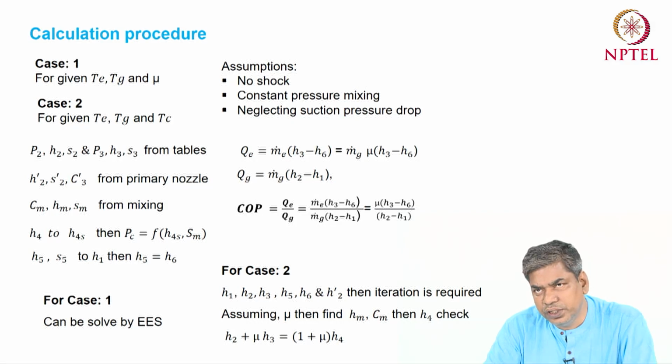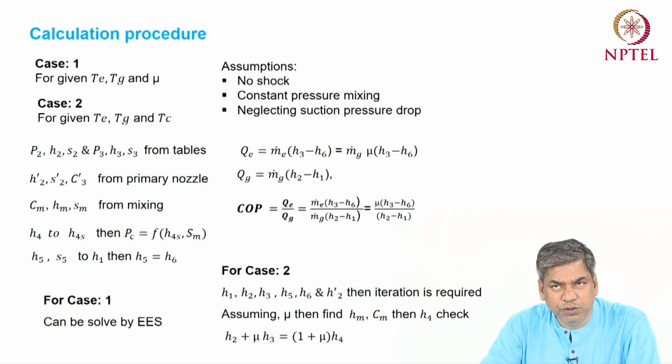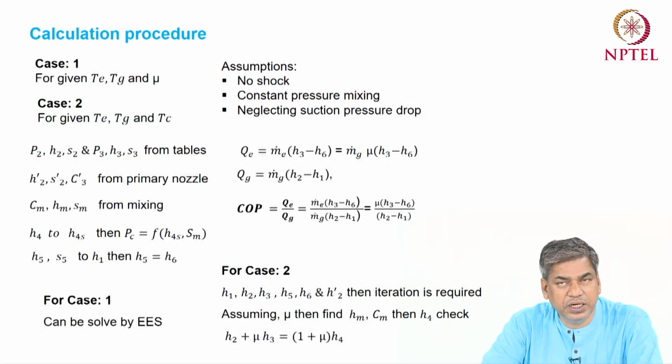The secondary nozzle inlet condition is 3 and the outlet condition is 8, and at point 8 we have also calculated the velocity after the secondary nozzle. So there is a pressure difference between the evaporator pressure and the mixing chamber pressure.